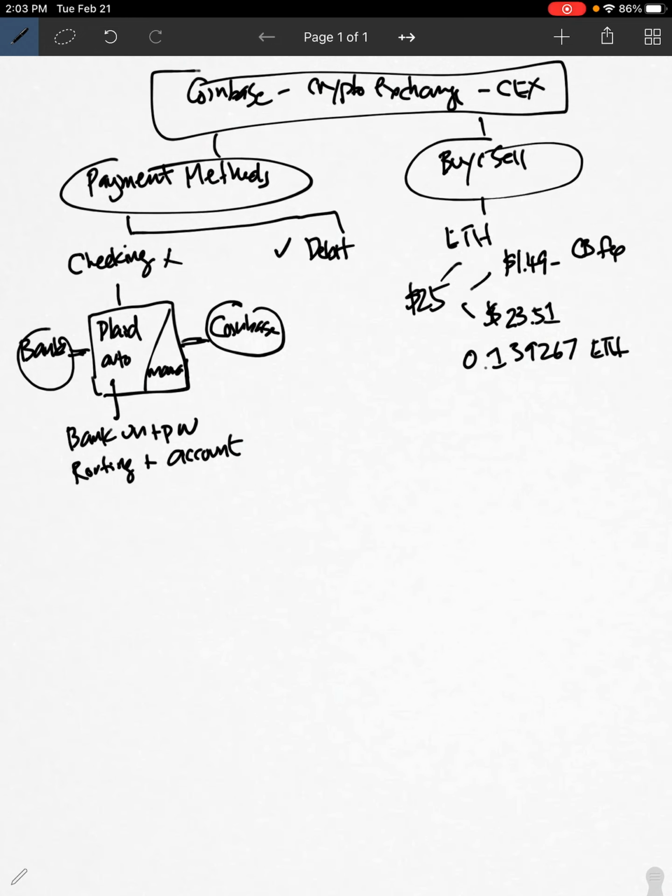And so now I officially own this ETH, and it's held as a primary balance, or sometimes when you skip through the menu, it will be called my ETH wallet.